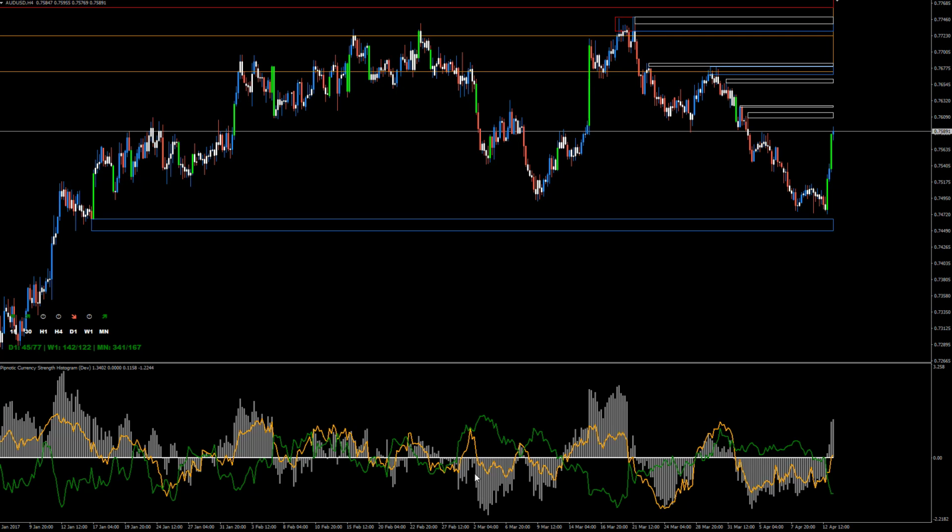You can see that we have higher lows here, so the strength of the dollar is going down in relation to the strength of the Australian dollar. And you can see that the lows of the Aussie here are roughly the same, but the strength of the American dollar is really going down.